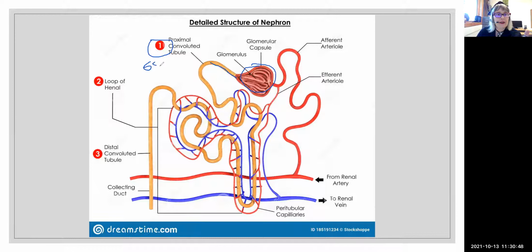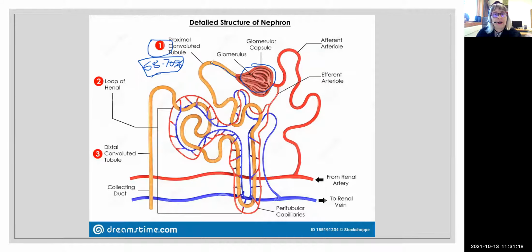Pretty much 68 to 70% of that filtrate is going to be fluid that has necessary electrolytes and solutes that need to be reabsorbed back into the system. So that's what happens because this is such a strong filter. 68 to 70% of the solutes are reabsorbed back into the systemic circulation. All right, so it goes back into the peritubular capillaries.